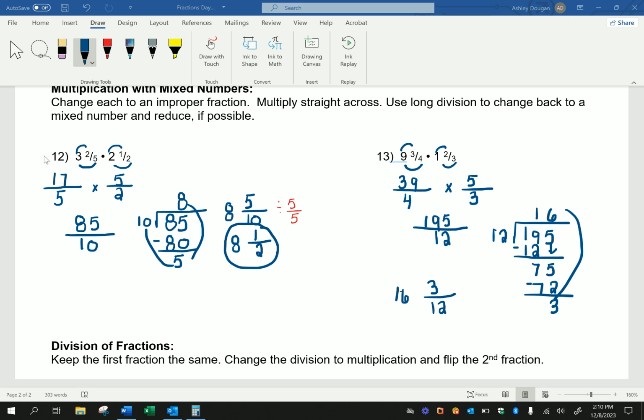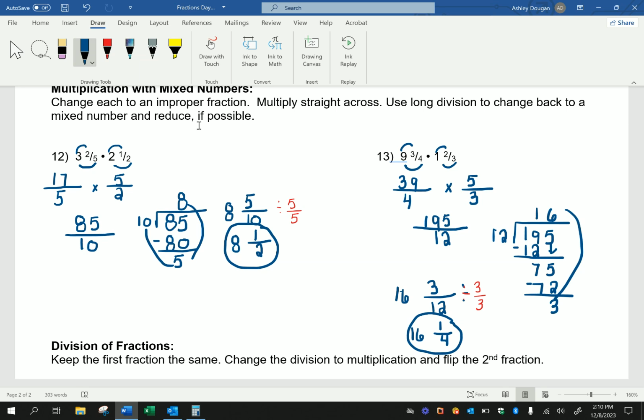If I'm looking at 3/12, there is a number that divides evenly into both 3 and 12, and that would be 3. Three divided by 3 gives me 1, and 12 divided by 3 is 4. This would be 16 and 1/4.